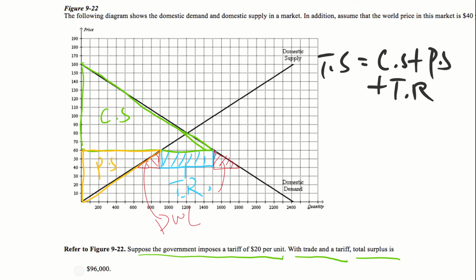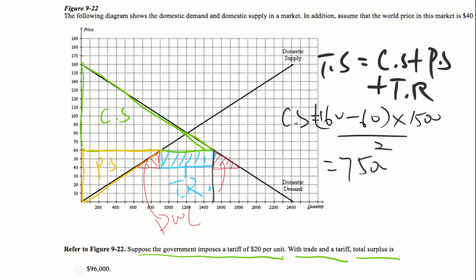Okay, so our consumer surplus equals 160 minus 60 times 1500 divided by 2, so 75,000. Producer surplus is going to be 60 times 900 divided by 2, that's 27,000.